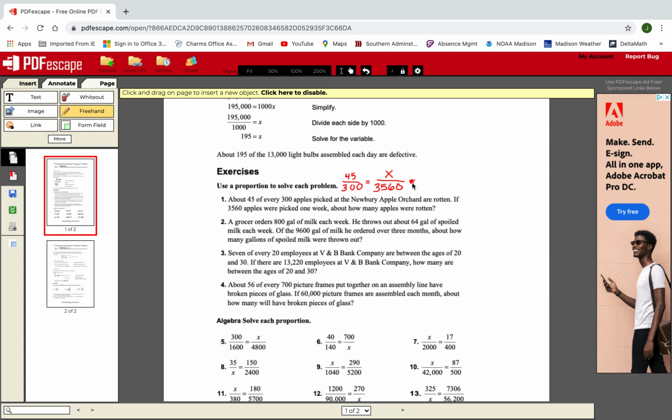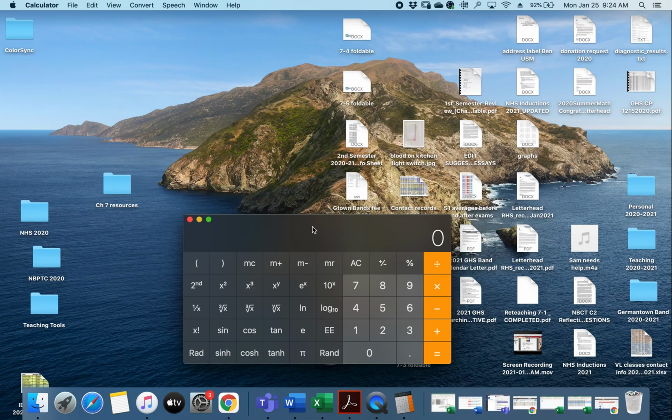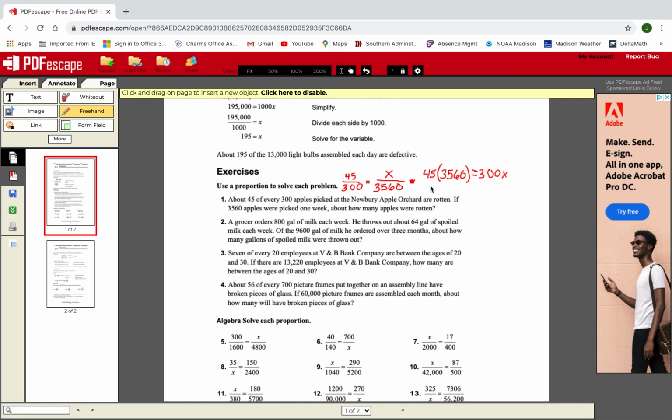So I have 45 times 3560 equals 300x. So all I need to do here is multiply and divide. This is just a two-step algebra equation. 45 times 3560 is 160,200. Okay. 160,200 equals 300x.